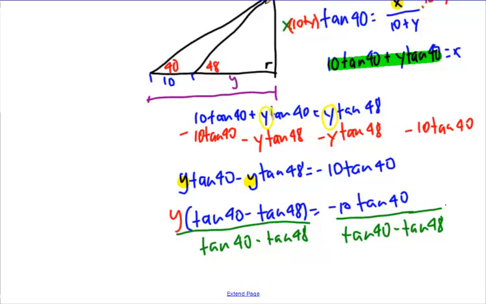Well, when you do your math on this, you get y is equal to 30.905. That is this distance right here.